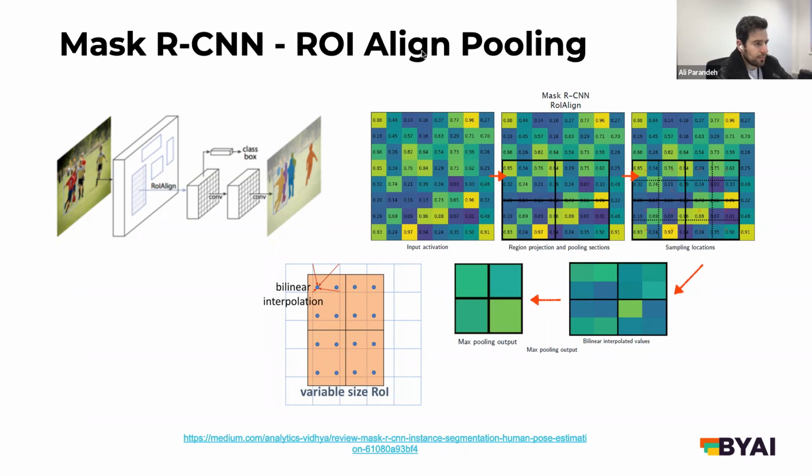Mask RCNNs allow pooling at a finer level. It uses something like bilinear interpolation to perform a more refined pooling and compression of the image, preserving the information within that layer. It's called ROI Align pooling.